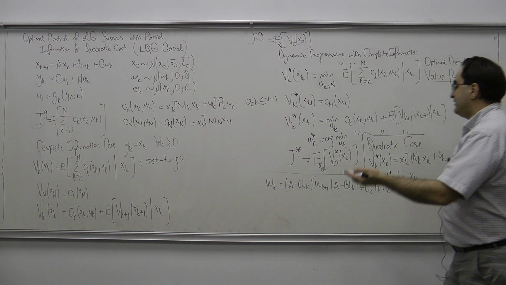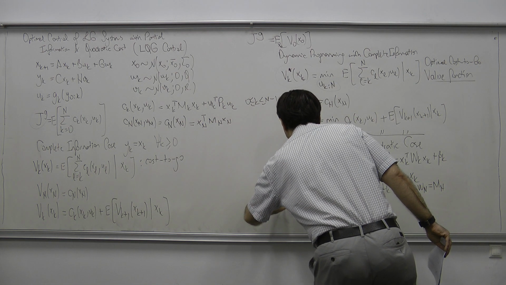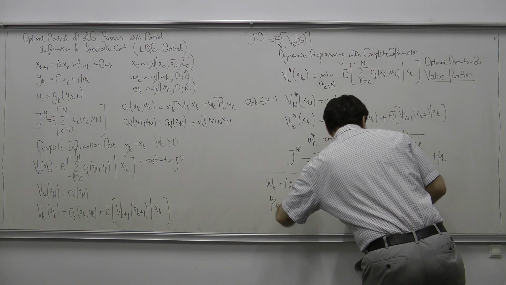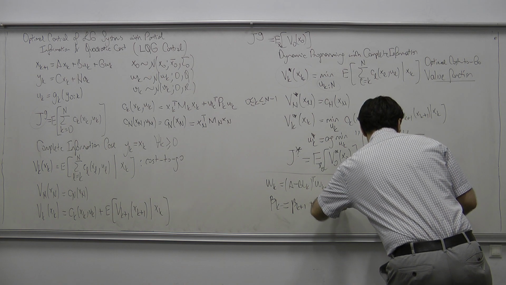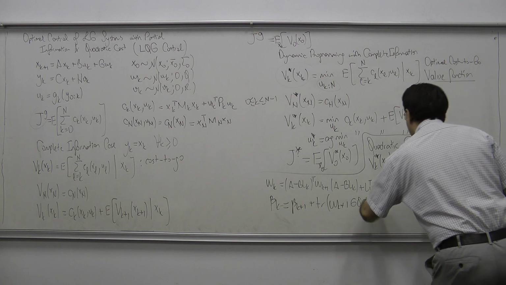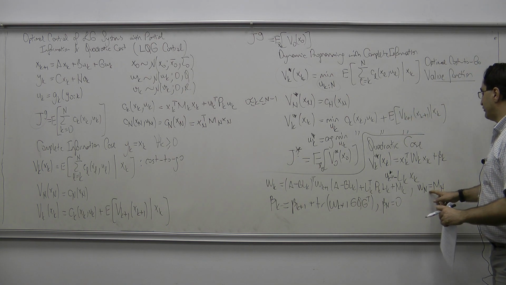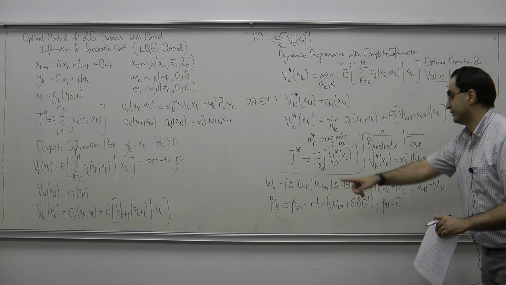Okay? And beta was given to us in a backwards recursion. Again, beta k is equal to beta k plus 1 plus trace of W_{k+1} G Q G transpose. Okay? And we started beta n from 0. These are the initializations for the backwards recursions, and this is the recursion rule here.